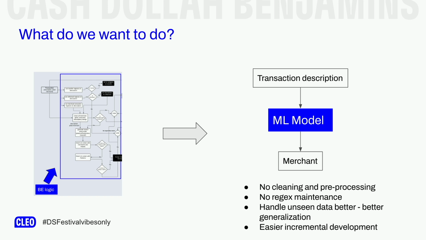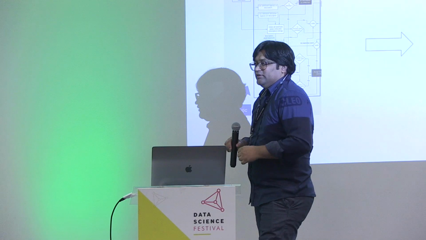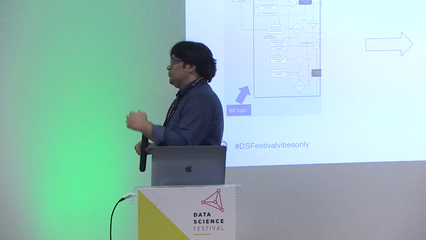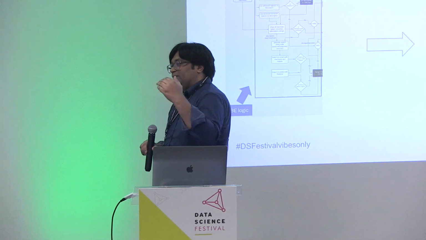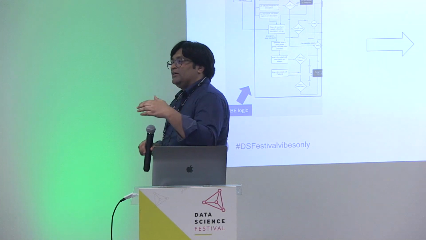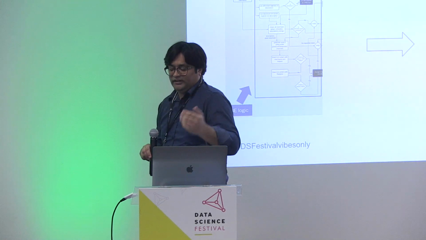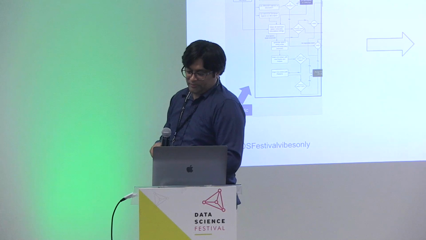No regex maintenance would be required. It would be a more generalizable mechanism as compared to the old system with the regexes, and it would support easier incremental development, because instead of eyeballing, we can feed in more data, do some annotations, add it to the training set and make it evolve over a period of time.